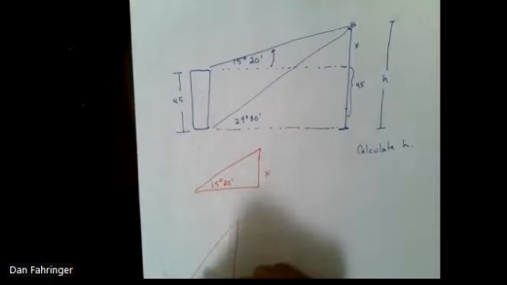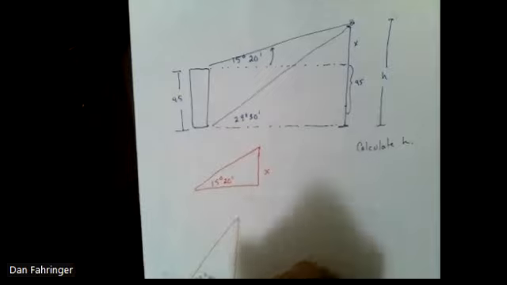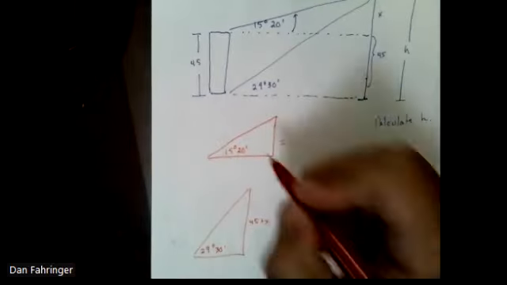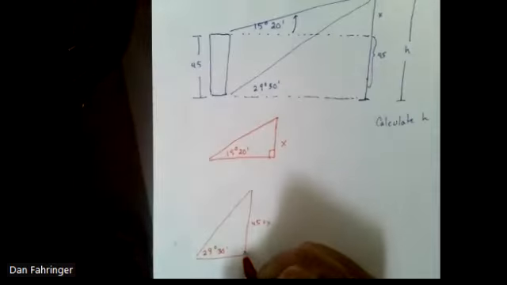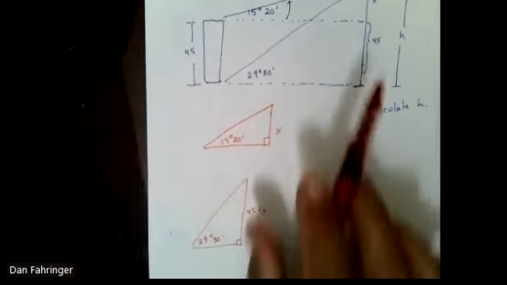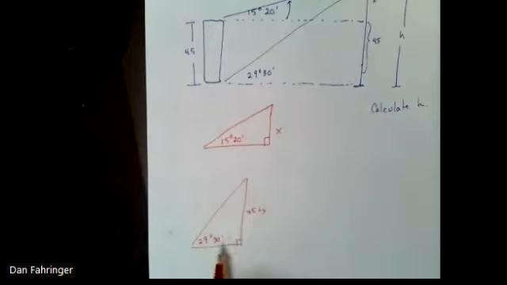I have something that looks like this, 29 degrees and 30 minutes. And I know this guy is going to be 45 plus X. So there are my two triangles. I know they're both right triangles. This one is X. I don't know that, and I don't know this base. Down here, I have that as 45 plus X.